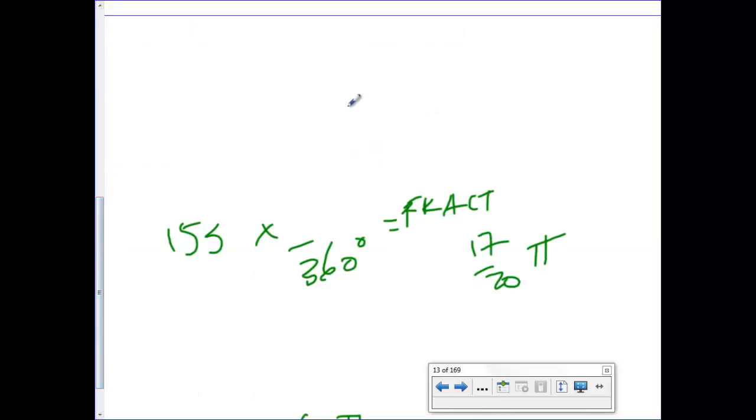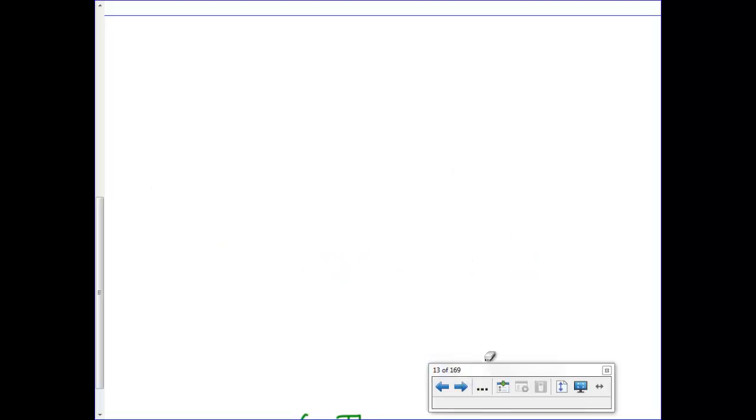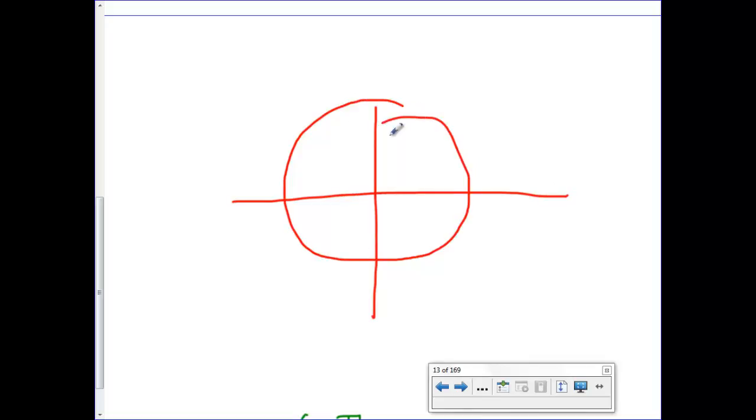If I were to draw that then, let me just draw a picture here. Get rid of all this stuff. So here's a pie. Here is like one slice of pie. Here's your second slice of pie. Here's your third one. Here's your fourth one. Here's your fifth one.